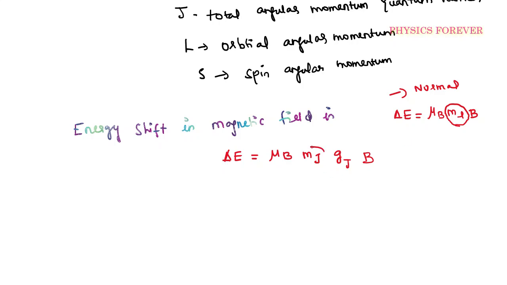Here mj is for the total angular momentum, J is equal to L plus S. Because spin comes in, we have to add gj.